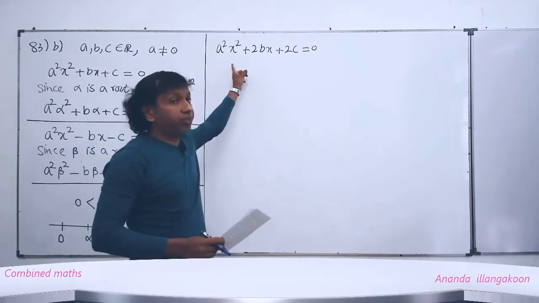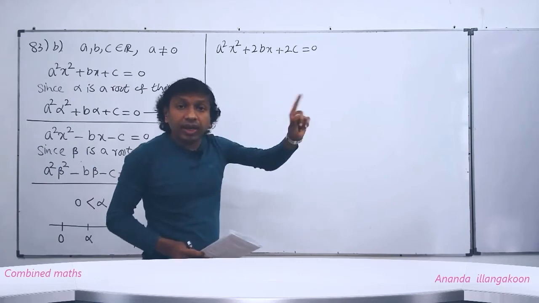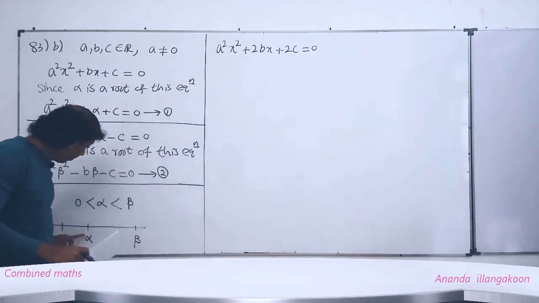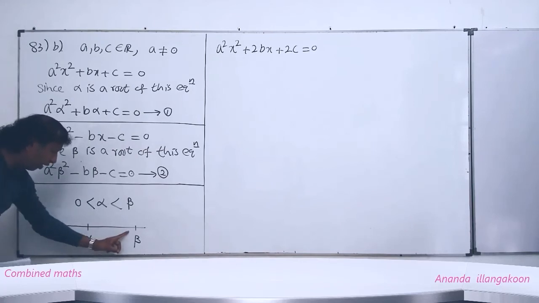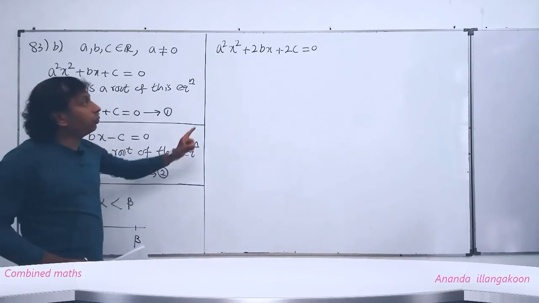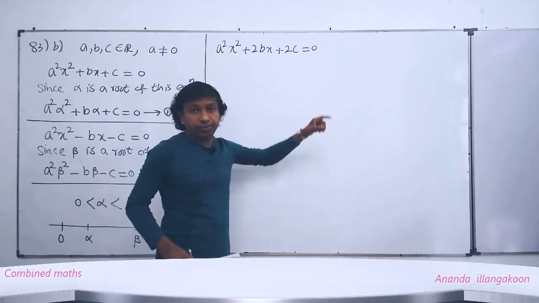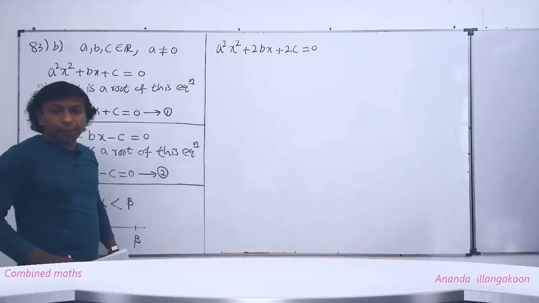This equation has a root, the root given as gamma, that gamma lies between alpha and beta, right? In between this alpha and beta, somewhere between this alpha and beta, a root for this equation has that root taken as gamma. That's what, people, now we have to prove.